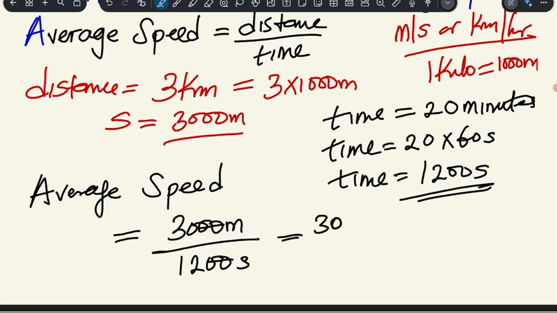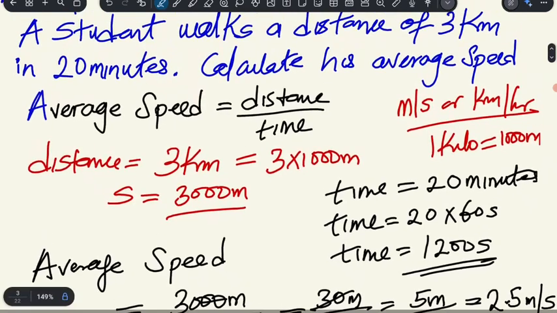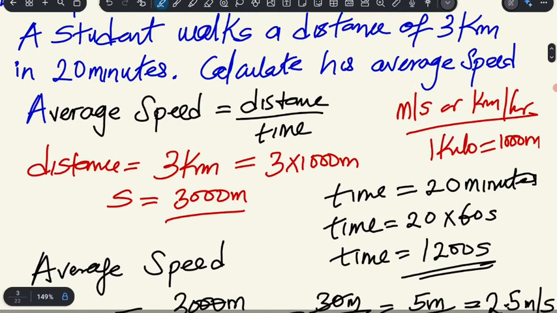It will remain 30 meters divided by 12 seconds. By the time we divide by 6, we have 5 meters over 2 seconds. So you have 2.5 meters per second. So that is the value for the first example in speed.